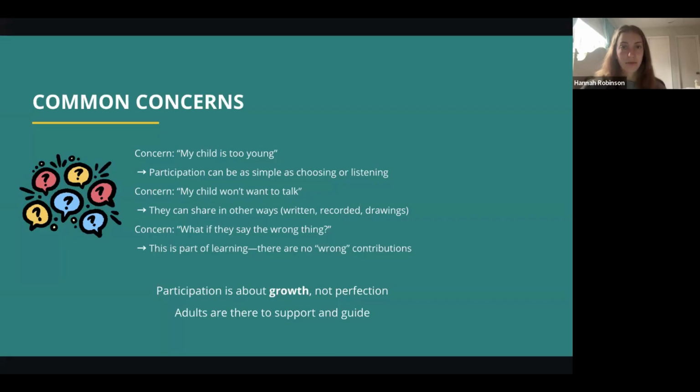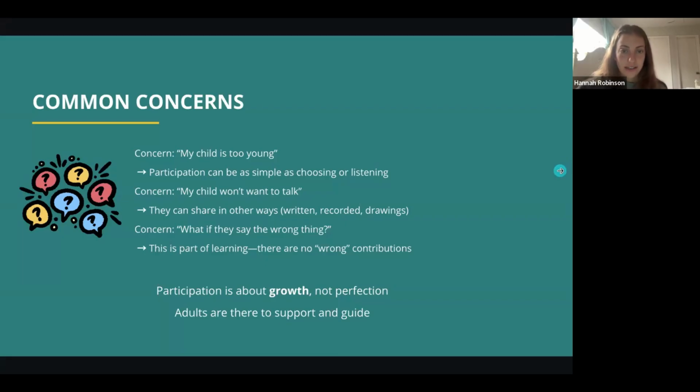A couple slides earlier, we mentioned in early childhood, participation can look like simply saying what you want to learn, or just sitting in the meeting. And so it doesn't have to be as daunting of an idea.